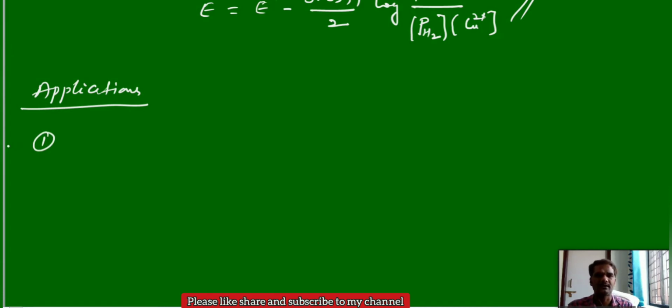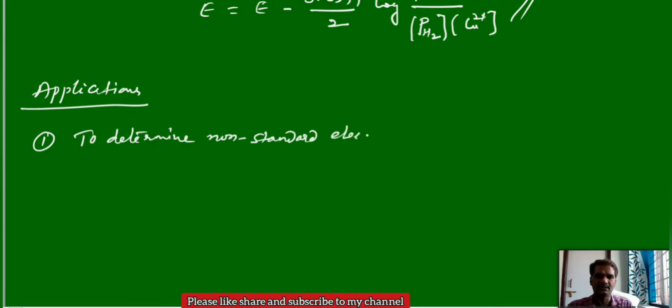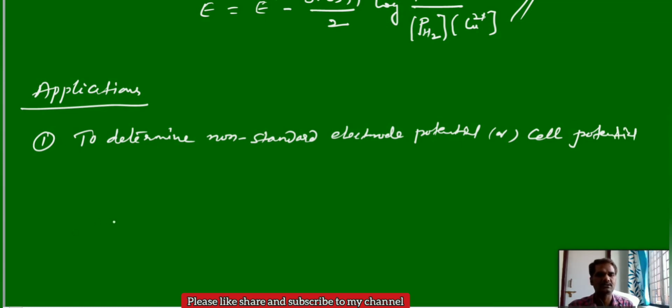Standard reduction potential values we can calculate using the standard hydrogen electrode, but to calculate non-standard reduction potential values, meaning at different temperature and different concentration conditions, you can use this Nernst equation to determine either non-standard electrode potential or cell potential. We can use this Nernst equation like this.